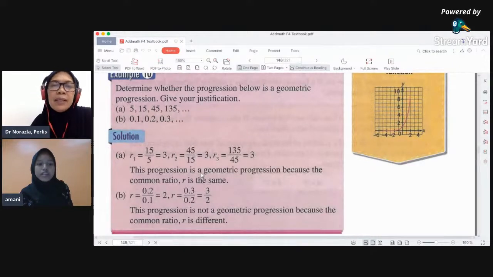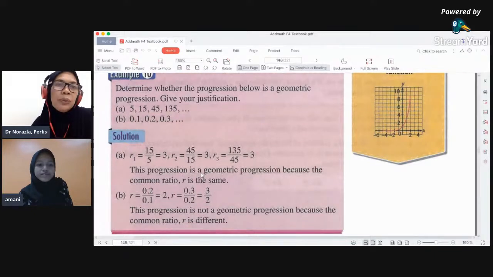If the common difference of the sequence is the same, then it is an arithmetic progression. But if the common ratio is not the same, different from each other like example 10b, then this is not a geometric progression, and you need to state the reason: because the common ratio is different.